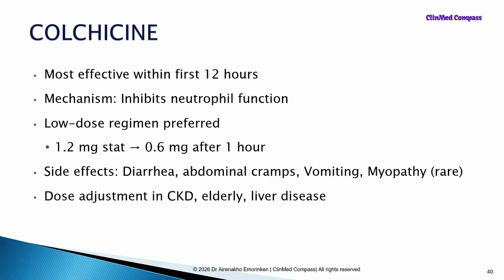Colchicine is most effective within the first 12 hours of symptom onset. Its mechanism includes inhibiting microtubule polymerization, which impairs neutrophil chemotaxis and activation. Modern low-dose regimens minimize side effects: 1.2 milligrams initially, followed by 0.6 or 0.5 milligram 1 hour later, then 0.6 milligram once or twice daily until resolution.